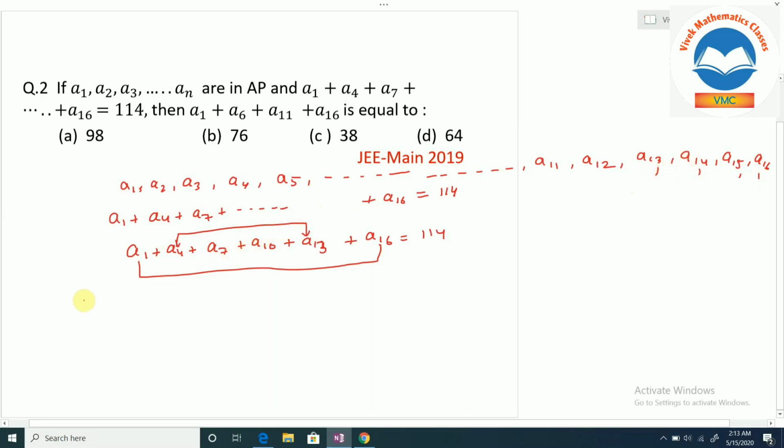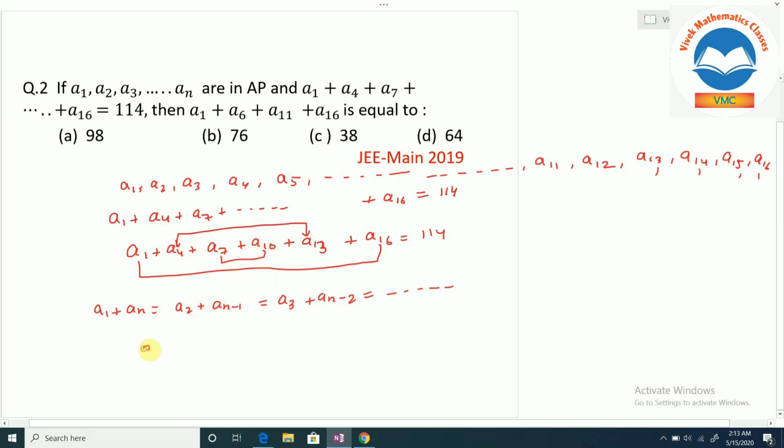All these will be equal, because we know that A1 plus AN will be equal to A2 plus AN minus 1, which will be equal to A3 plus AN minus 2. All these will be equal. So similarly here also, we are getting 3 pairs.